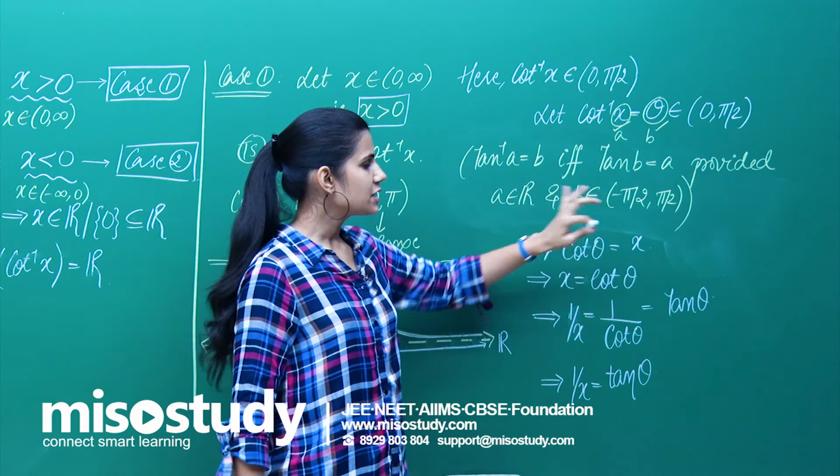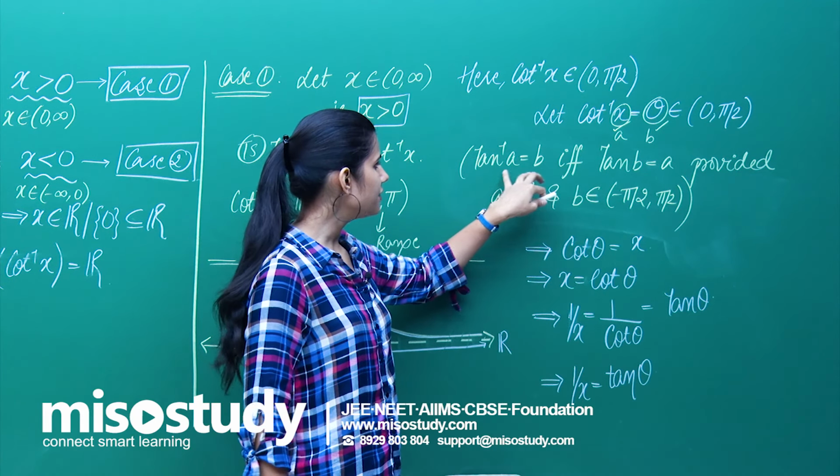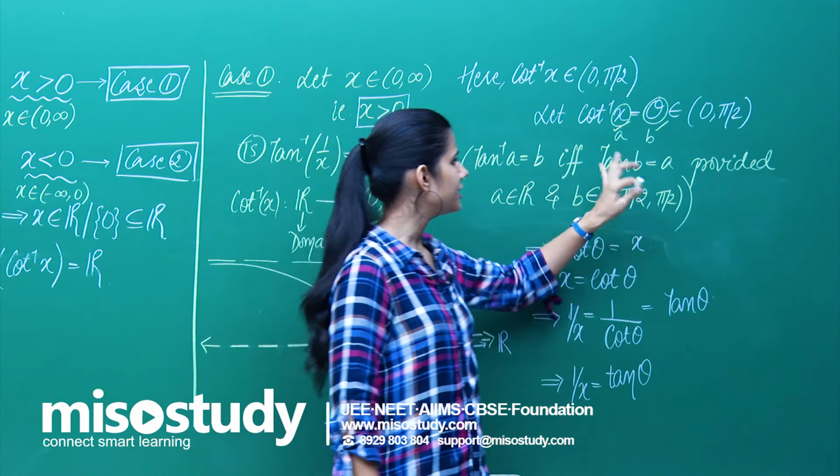If A and B satisfy these conditions, then tan inverse A equals B can be written as tan B equals A, and tan B equals A can be written as tan inverse A equals B.